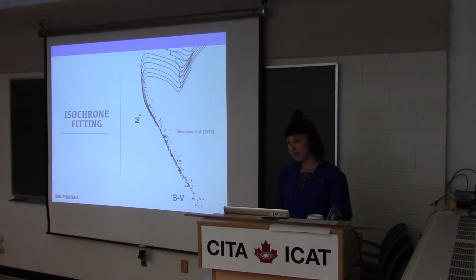For field stars, isochrone fitting is still pretty much the standard way to infer an age. But for a field star, you're looking at an uncertainty of 50% minimum, probably more often 100%, sometimes even 150%. So these are pretty imprecise ages, and we can do better than this for field stars.